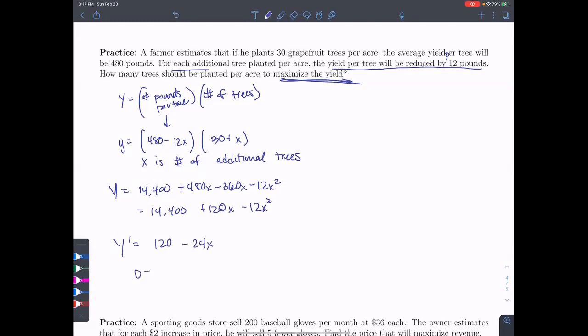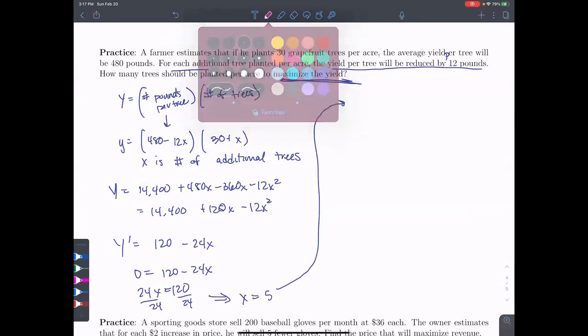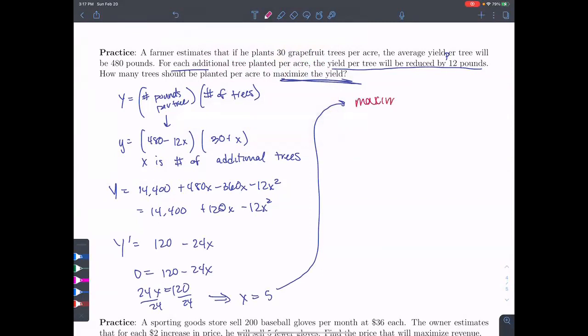Set that equal to 0. So 24x equals 120, x equals 120 divided by 24, which is 5. So we maximize the yield at an increase of 5, so at 35 trees per acre.